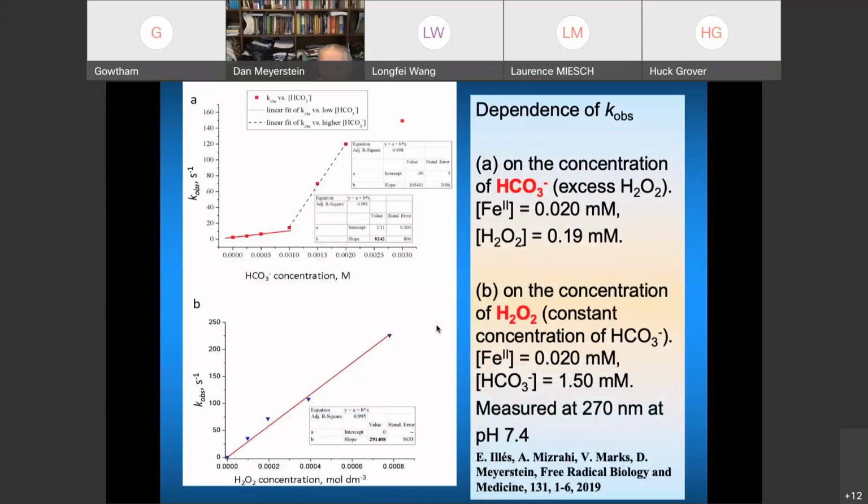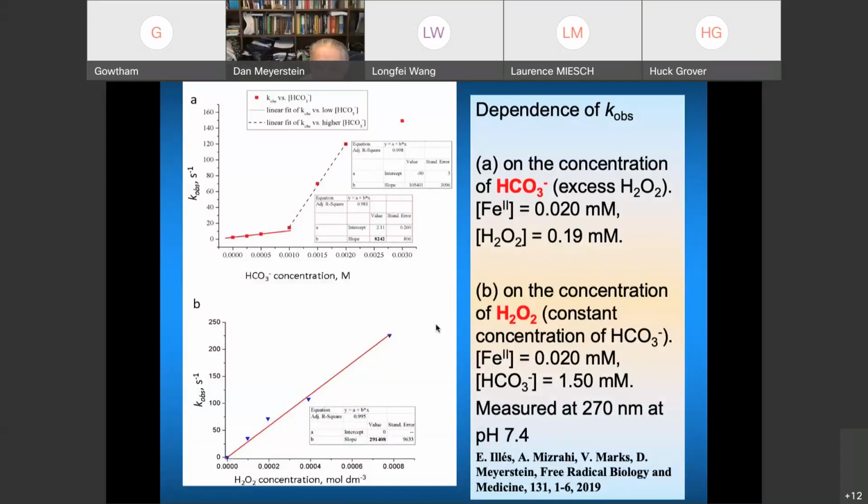is what happens if you add bicarbonate to the system. And you can see on the upper part of this figure something which really was not expected. First of all, bicarbonate catalyzes the rate dramatically.